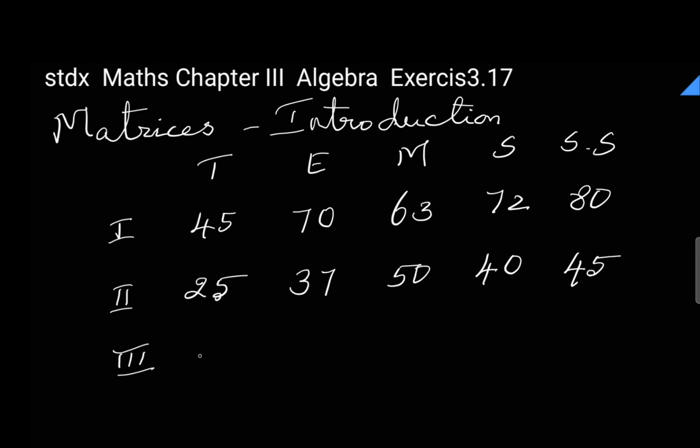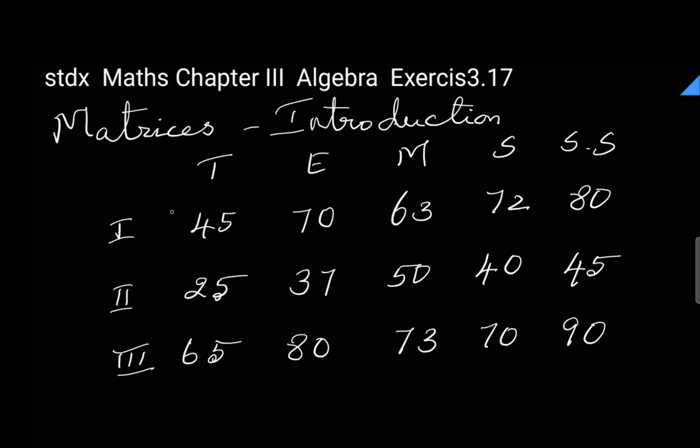The third student in Tamil has got 65, in English 80, Maths 73, Science 70, in Social Science 90. We collected the marks of 3 students in 5 subjects.